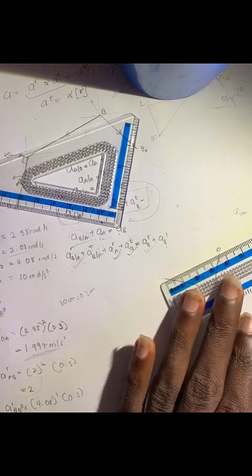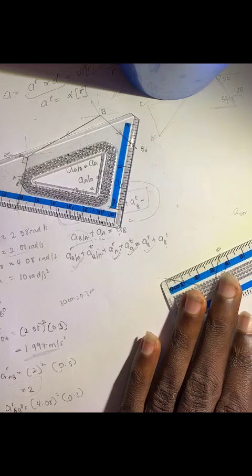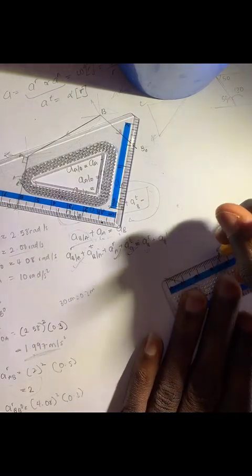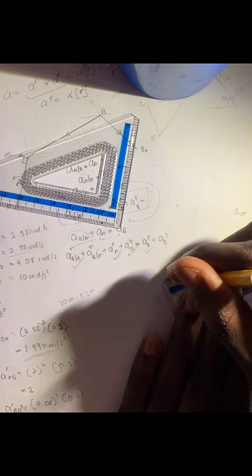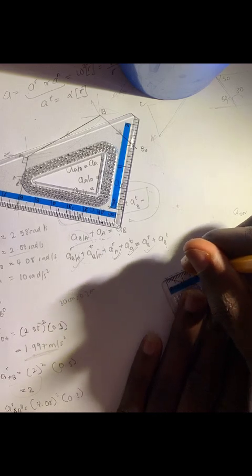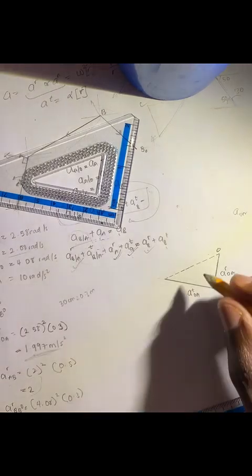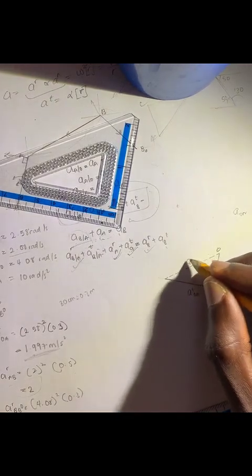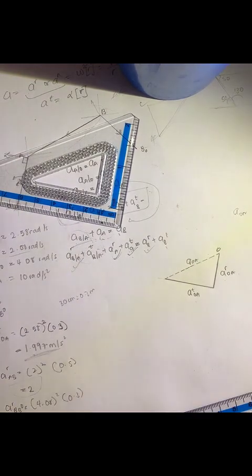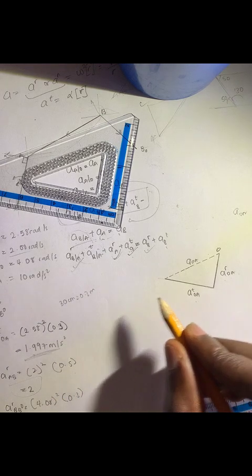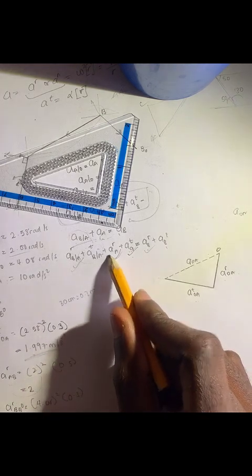If I just draw a dotted line from here, this acceleration here is OA, and that's my acceleration for OA.